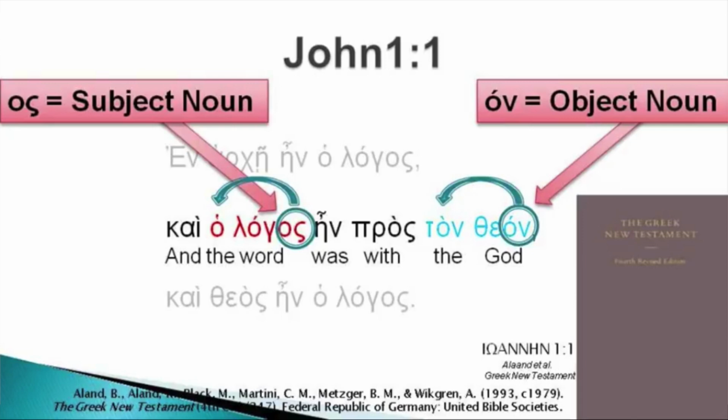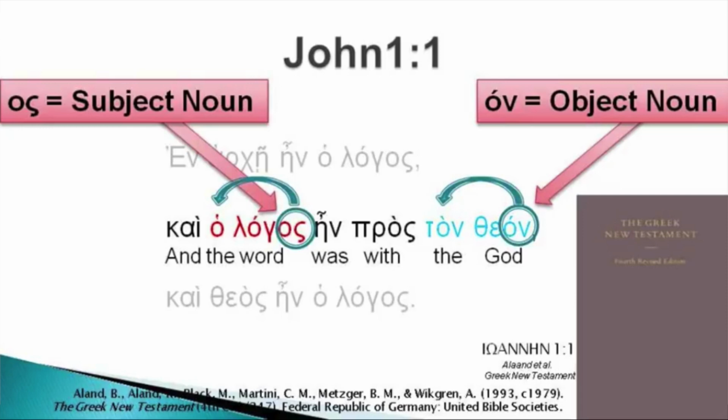And so we can see that in the previous sentence, ton theon already did have, even though it was an object, an article in front of it. And the subject noun logos also had the article in front of it. There are two different types of articles, two different cases, but they have to match the case of the noun that they are attached to. So ho logos and ton theon both have articles.